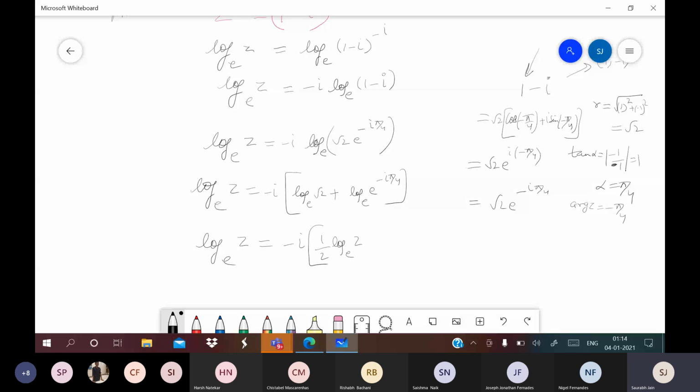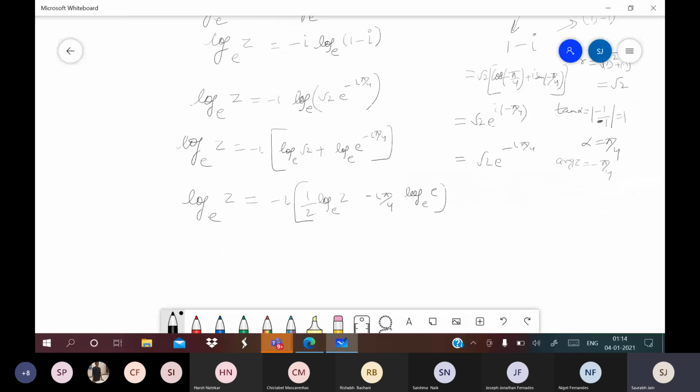Why? Because if anything is in the power of the number, it comes in multiplication. So root 2 means 2 to the power half. And here you can write minus iota pi by 4; the power will come in front once again. Simplified once more, you will get the answer. This is half log 2 base e, log e base e is 1, so this is iota pi by 4.